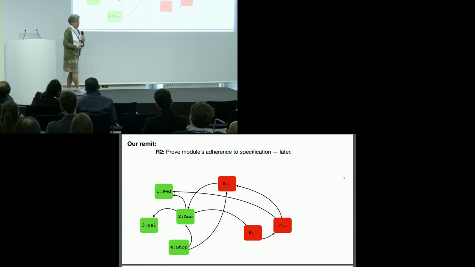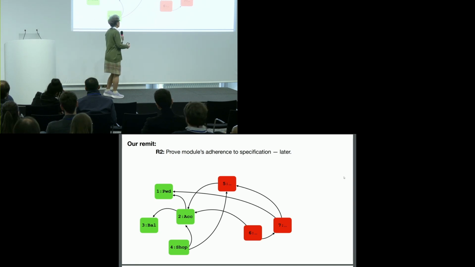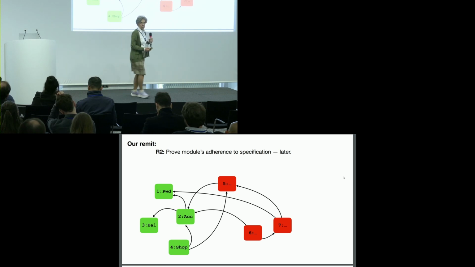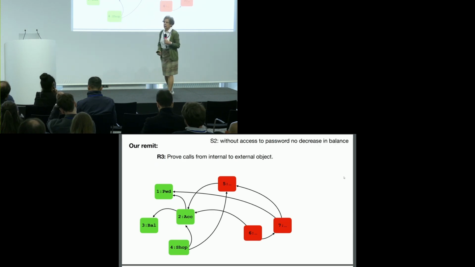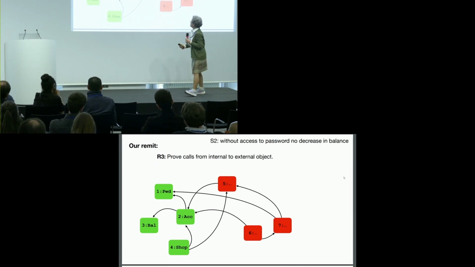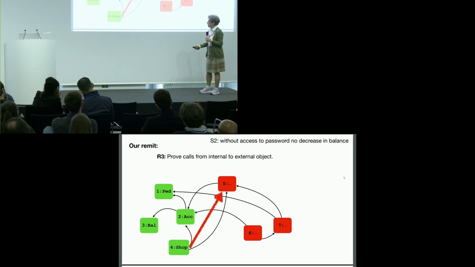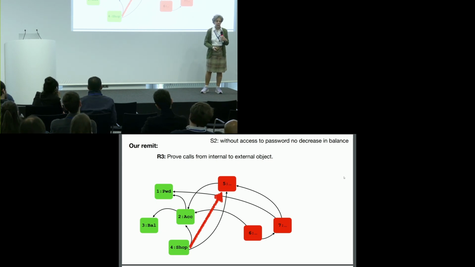The next remit is to prove indeed that the module is the code of those green objects, that it satisfies the specification. I'm going to talk about this later. And the next remit is to prove when we go from internal objects to external objects. So here is the shop, it's calling into an unknown object.